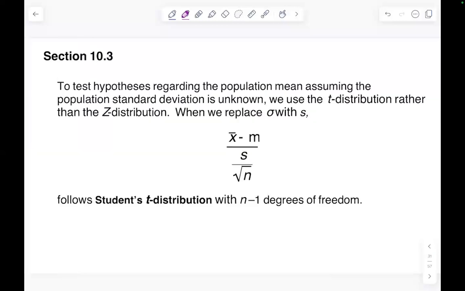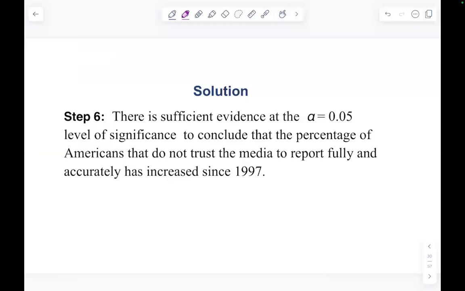Let me find that. Okay, there is sufficient evidence at the alpha equals 0.05 level of significance to conclude the percentage of Americans who do not trust the media has increased since 1997. There's my conclusion.